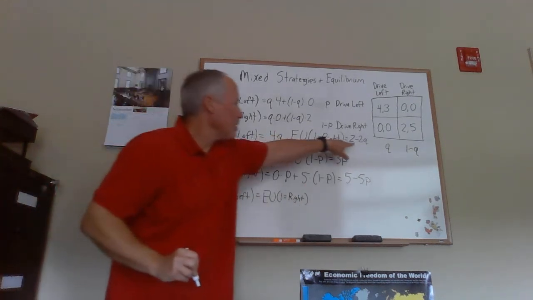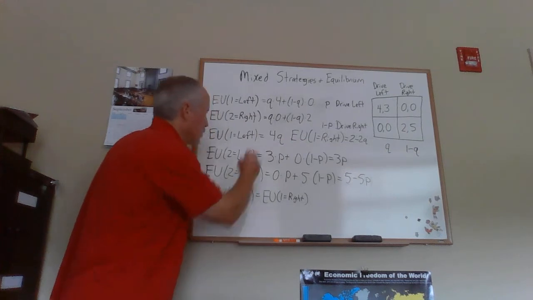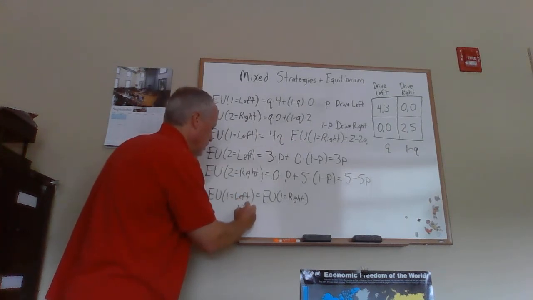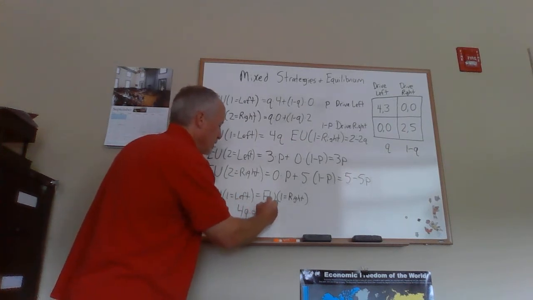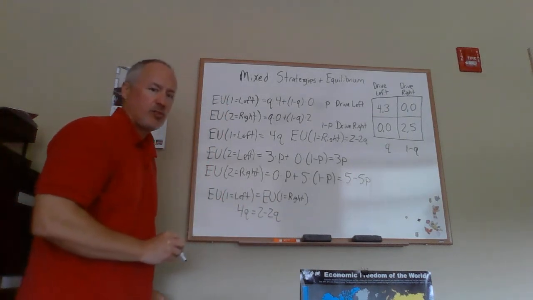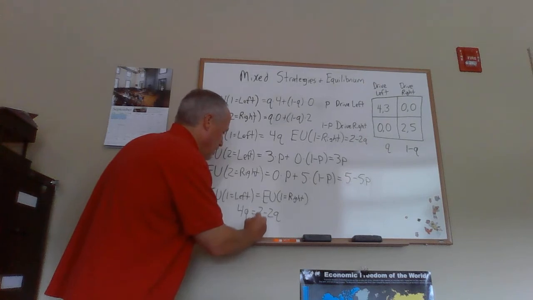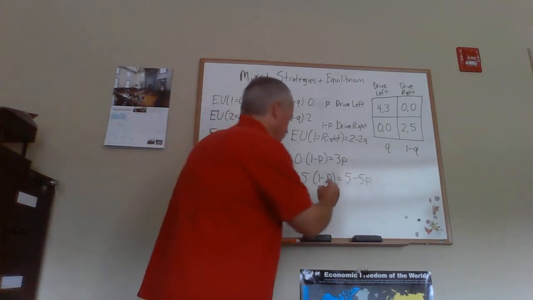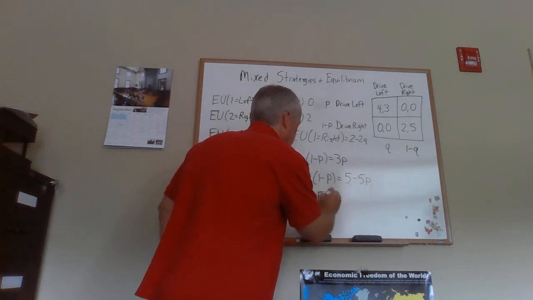So that's 4Q and that's 2 minus 2Q. If you do a little bit of algebra there, you can see that Q is going to have to equal 1/3.